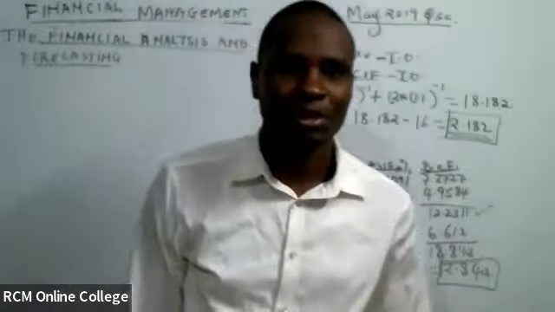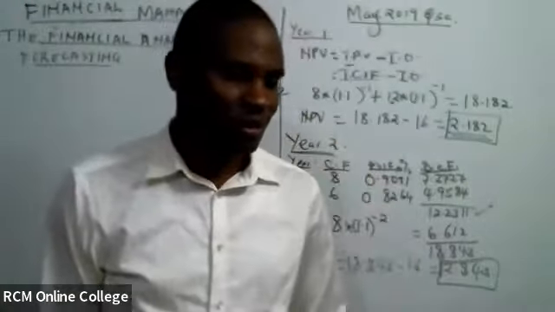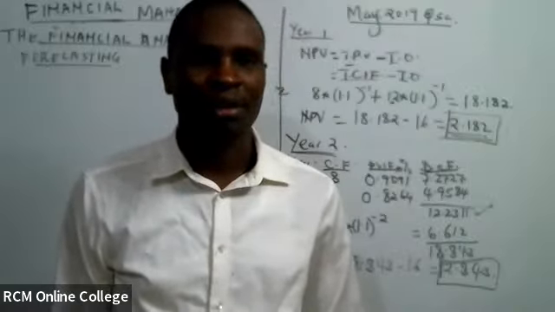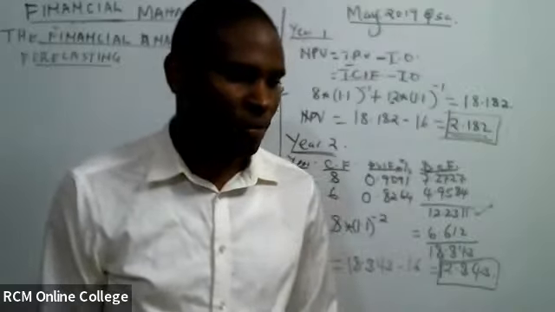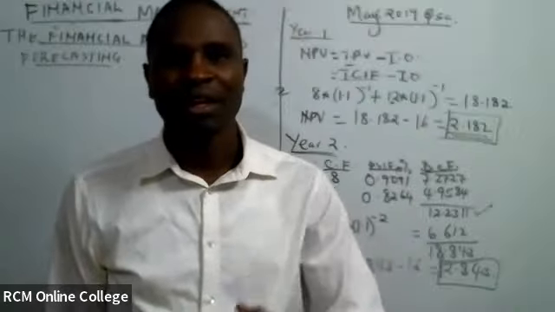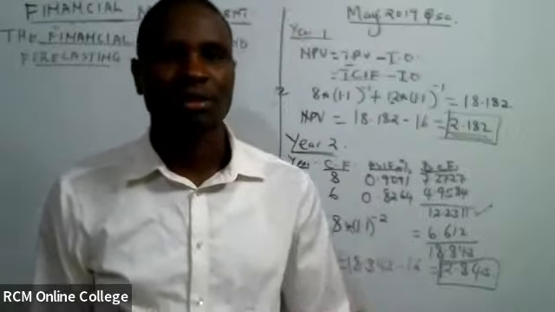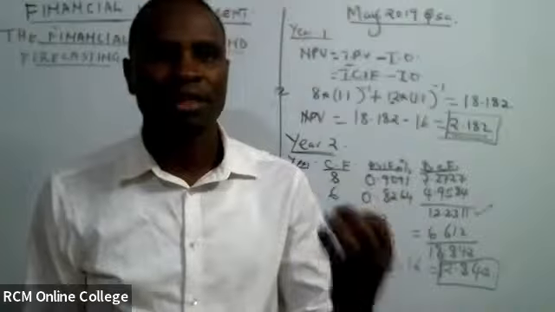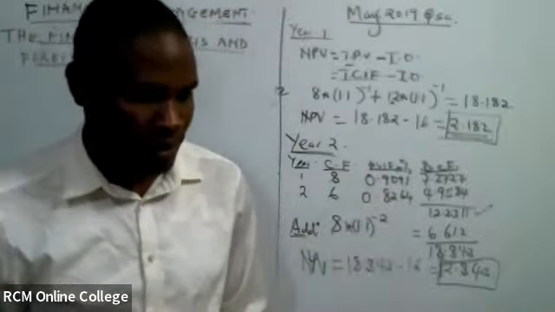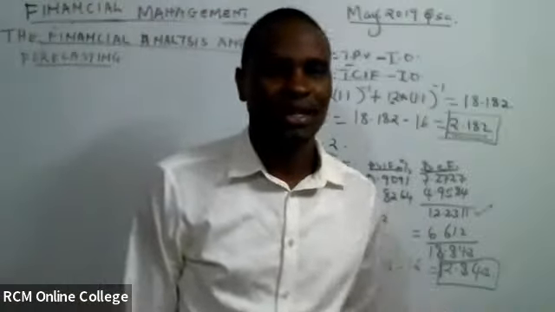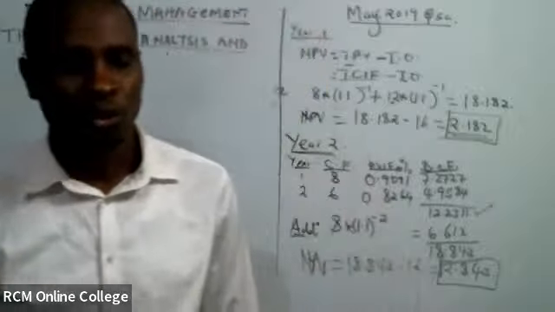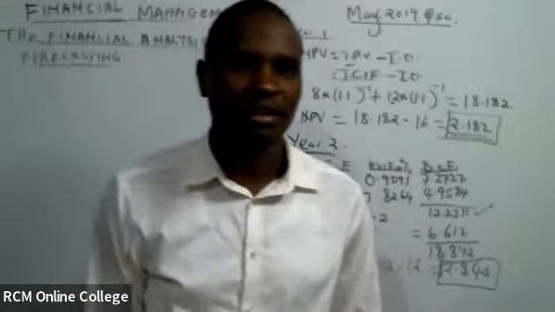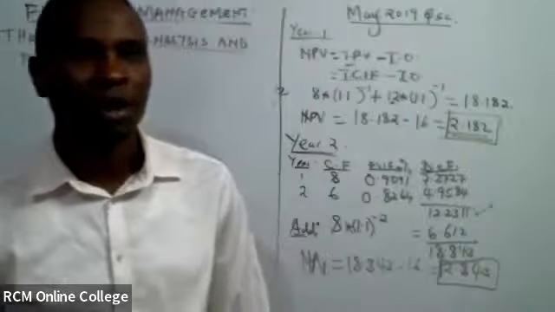In fact, under financial management, we shall not go beyond the statement of financial position. Just look at the two, the income statement and the statement of financial position. The cash flow you look at under financial reporting.